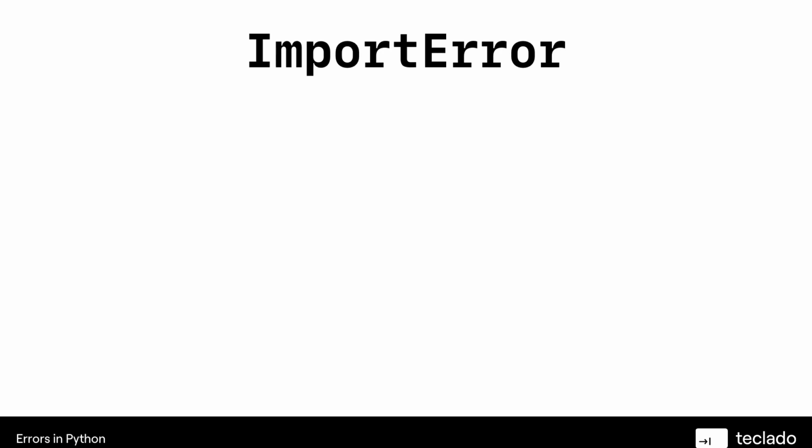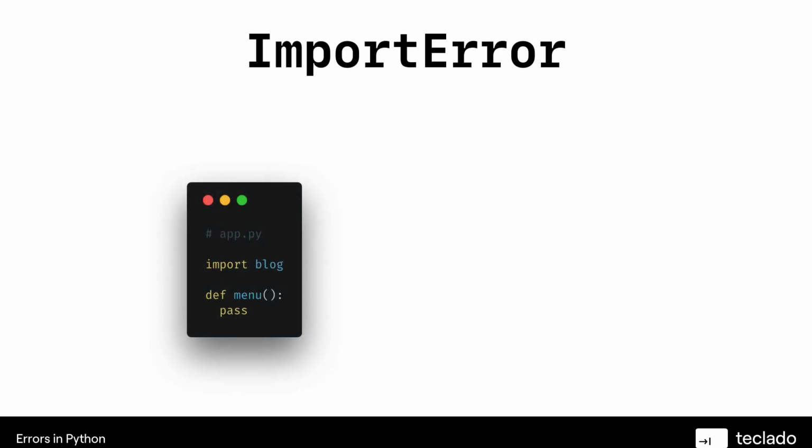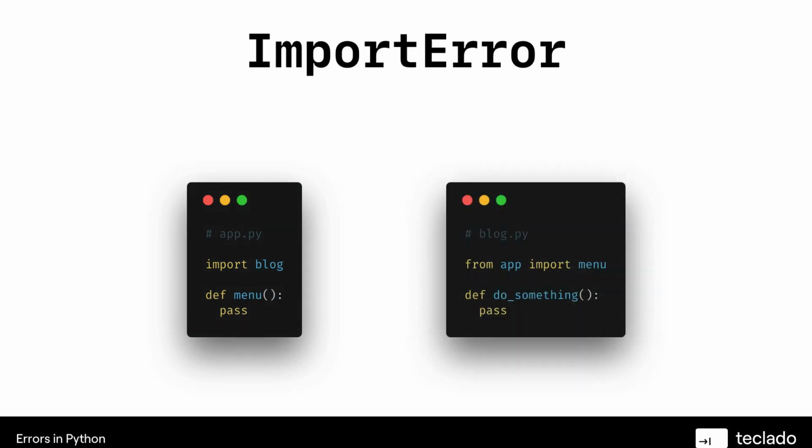Finally, we've got ImportError. An import error is also really popular and is a big pain. Here's when it happens. You've got an import blog inside app.py, and then you've got blog.py, say, that does from app import menu. Let's imagine you want to run the menu inside blog, or maybe app has some sort of variable you want to import.